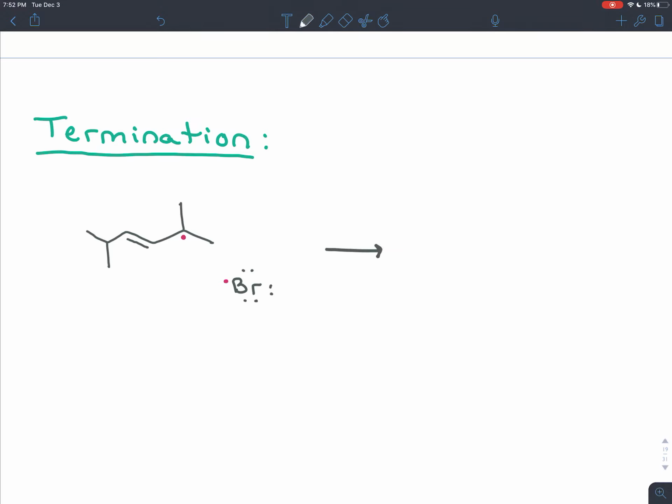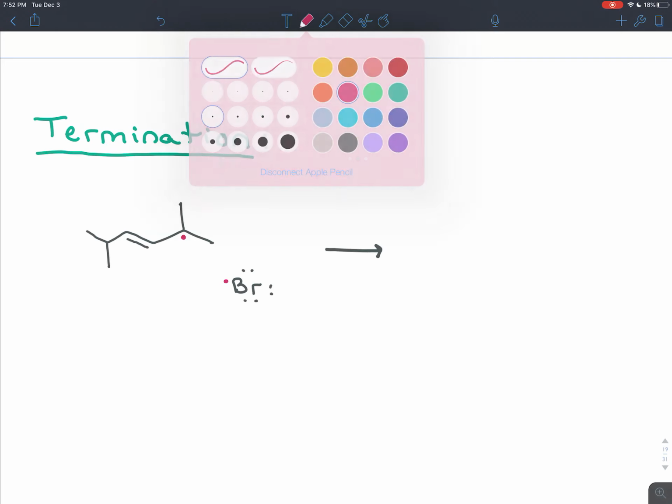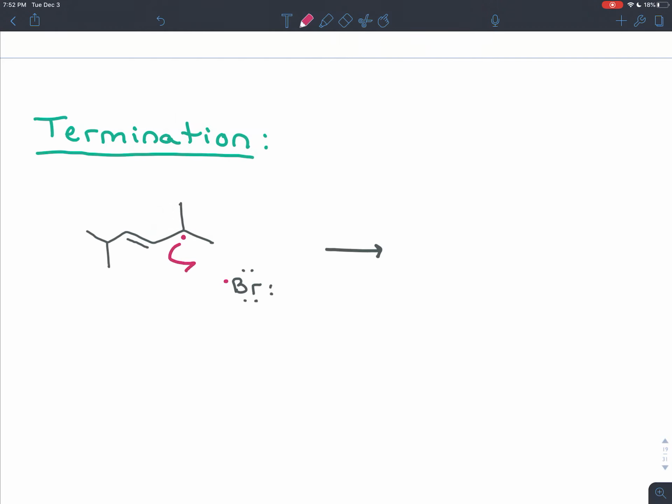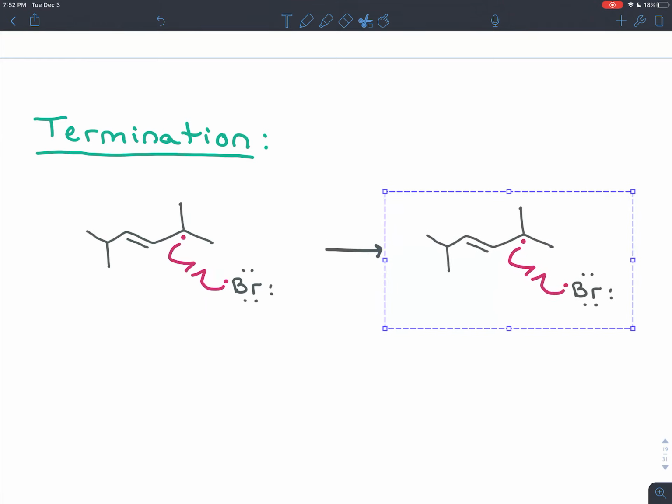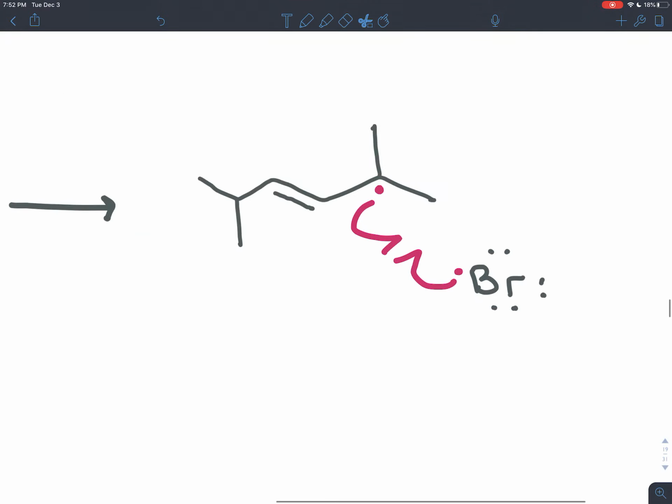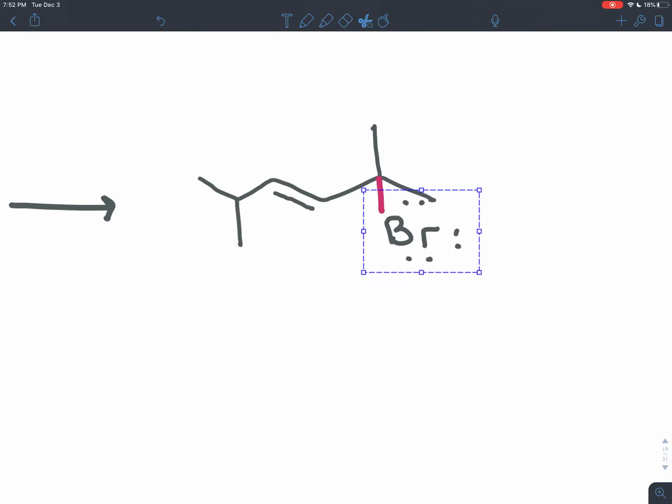That will destroy the radicals because all the electrons are paired, there's no radicals anymore, and terminate or stop the reaction, end the reaction. So the carbon donates 1 electron, the bromine donates another electron. Notice they both point to the space where the bond is forming. And what you end up with in that termination step is a bond between the carbon and the bromine.